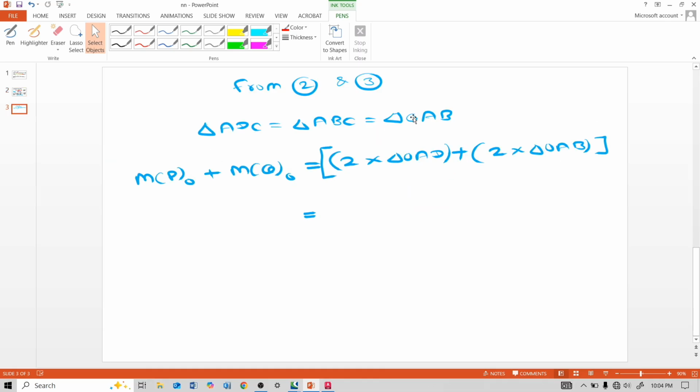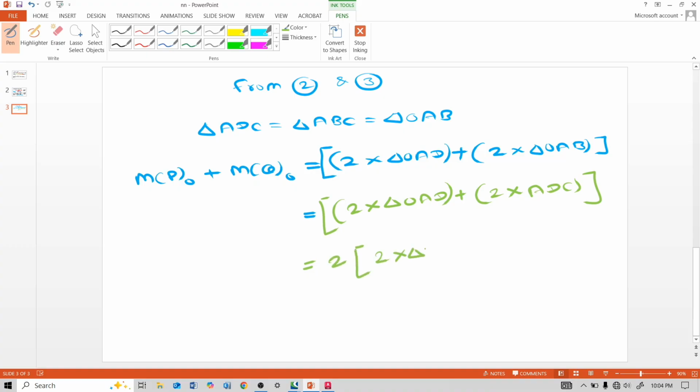See here, OAB is equal to ADC. So 2 into triangle OAD plus 2 into triangle ADC.